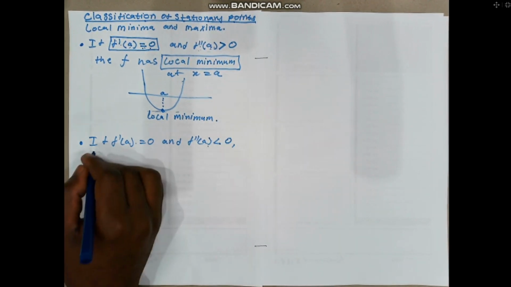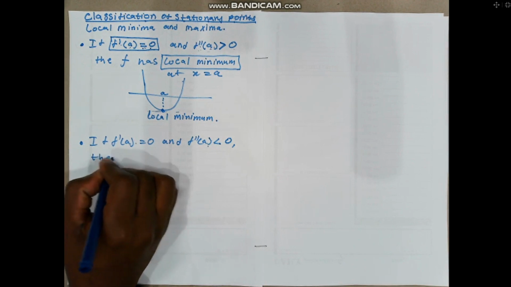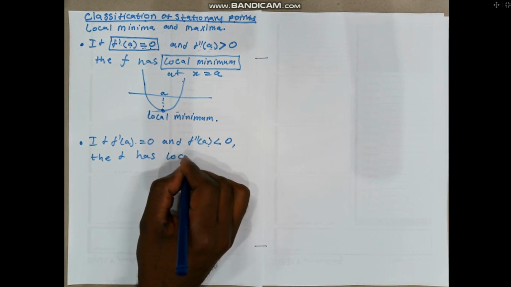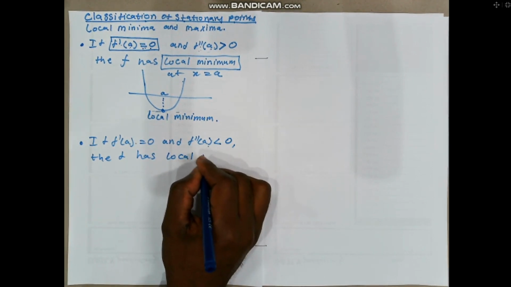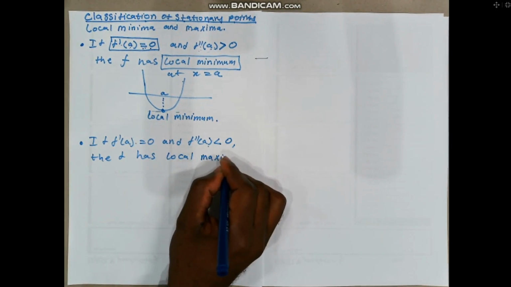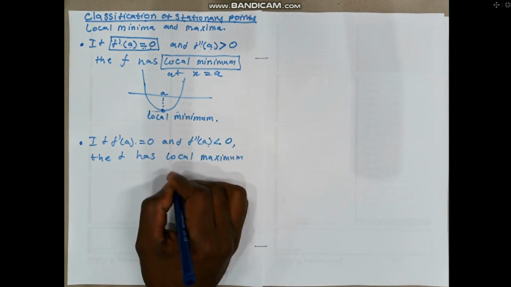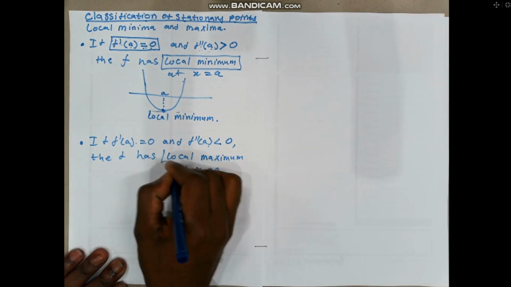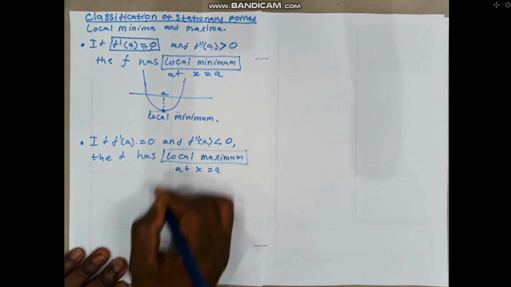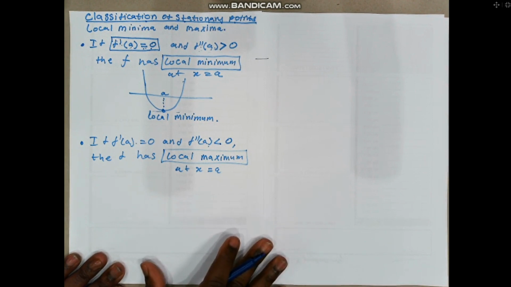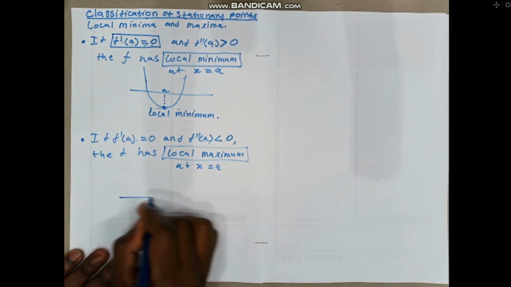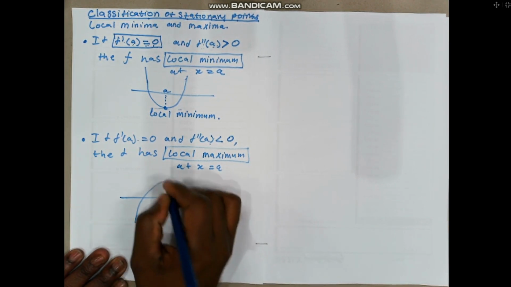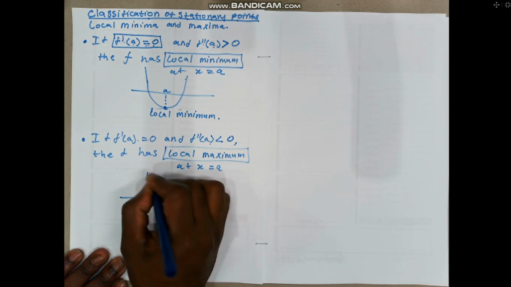When it's like this, then f has a local maximum at x is equal to a. This is the local maximum at point A.